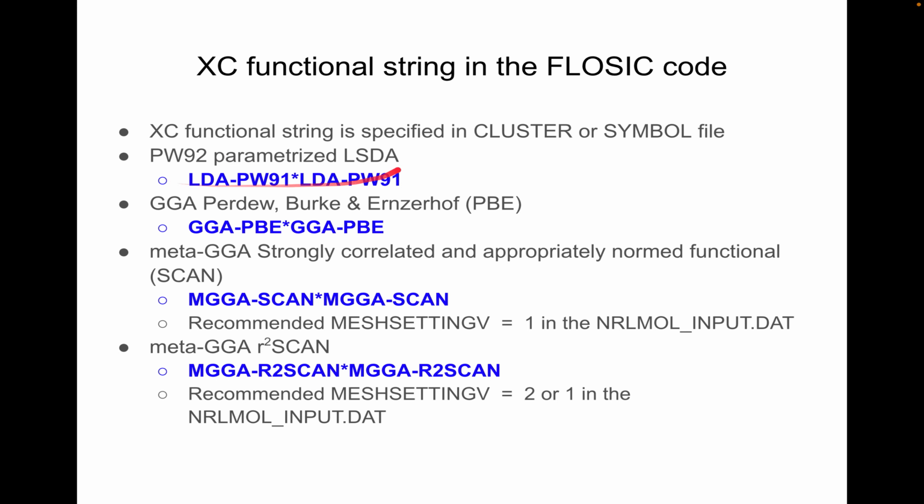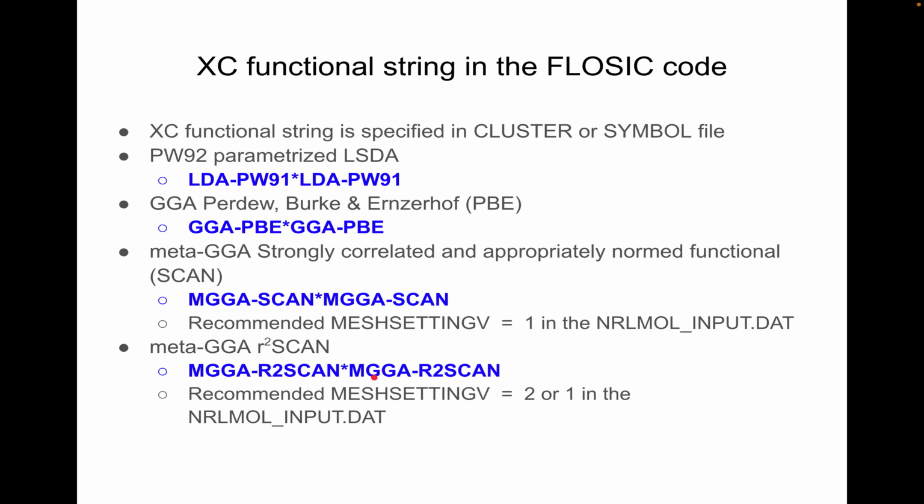So the functional string looks like this for this case. And in the case of the PBE functional, this is the functional string you need to put in your cluster file or the symbol file. Similarly, for the SCAN meta-GGA, this is your functional string, and for the r2SCAN functional, this is your string.